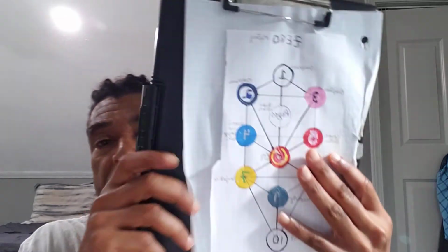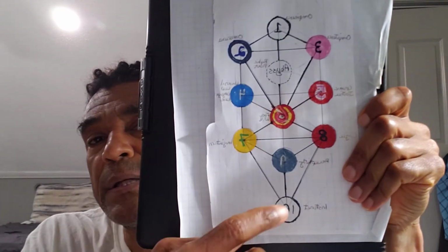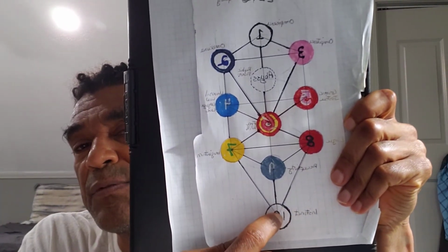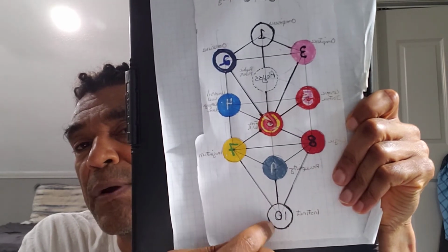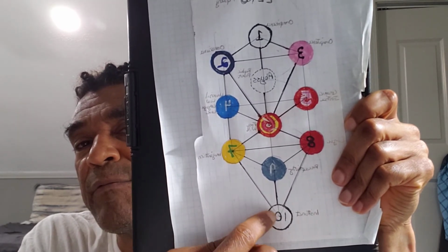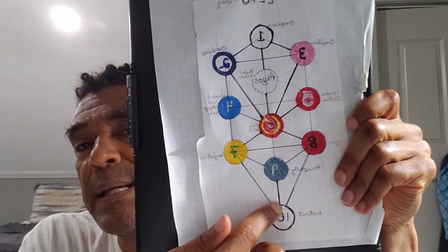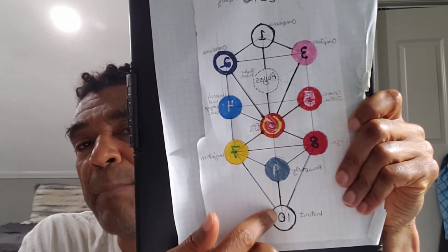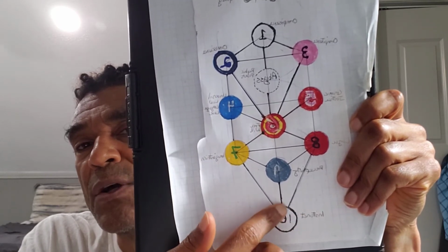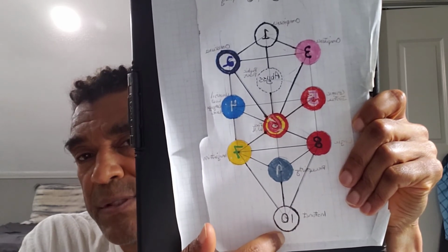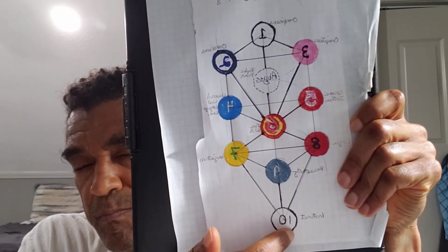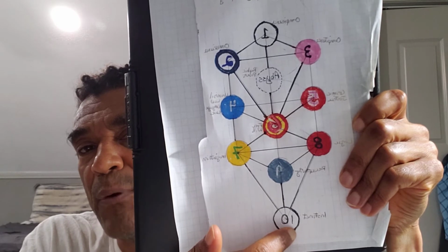You can see here on the tree, number one is going to correspond to the 10th sphere. The 10th sphere is about survival, instinct, body memory, the law of the jungle, kill or be killed. This is also our most basic aspect of life force.